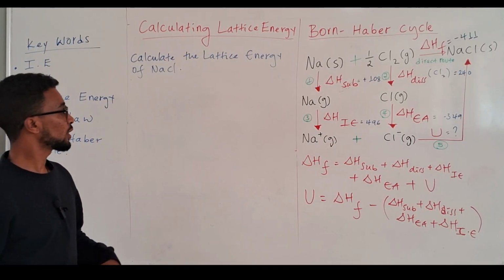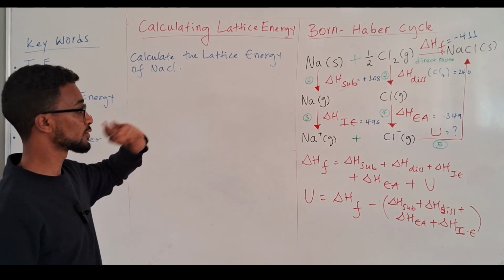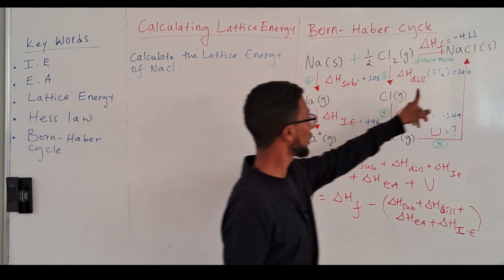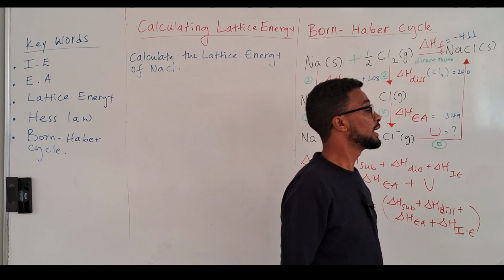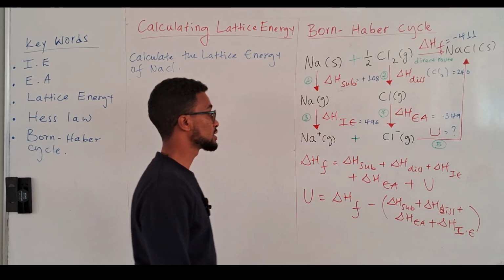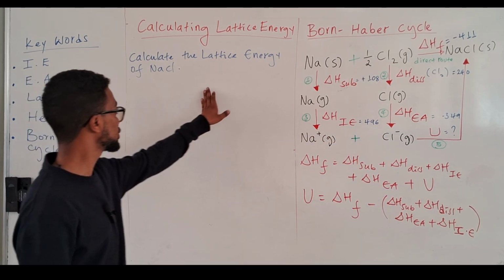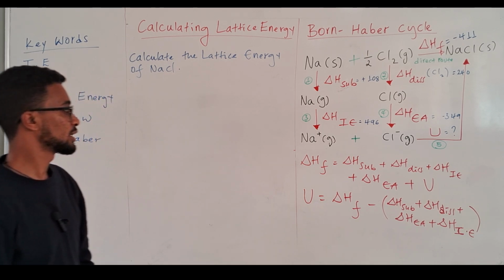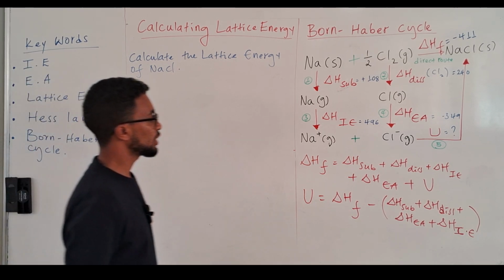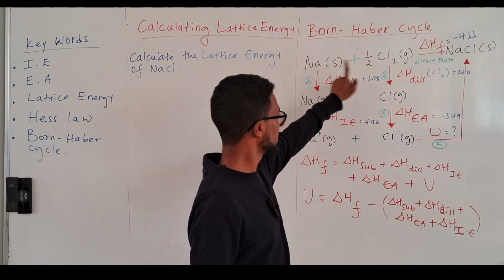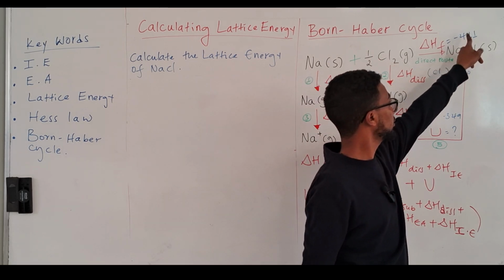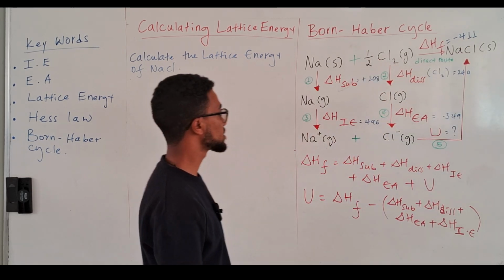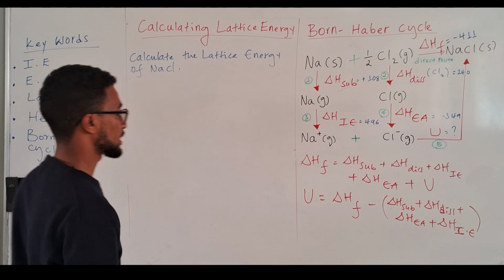Now let's calculate the lattice energy of sodium chloride. Okay, I have written the values of all these enthalpy changes here. Let's use this data to calculate the lattice energy of sodium chloride. Okay, so the energy required to directly convert this and this into this is negative 411 kilojoules per mole, and all the other data are given here.